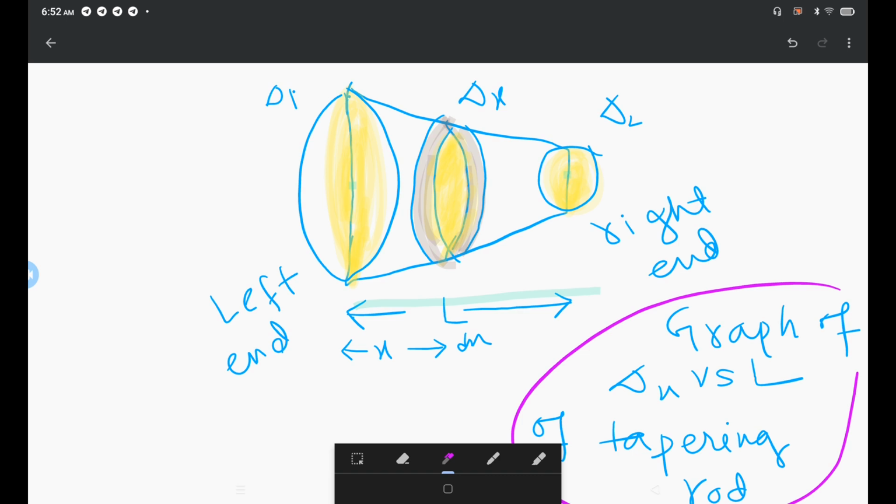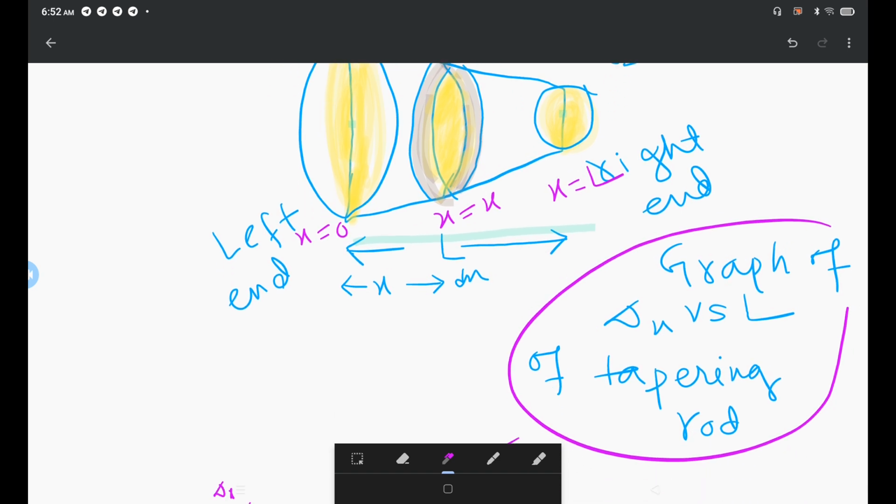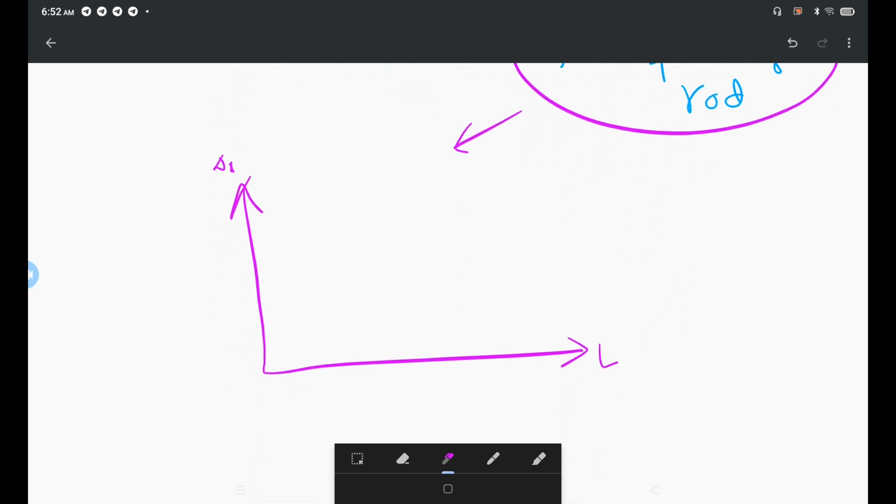From the left end, this is x equals 0, this is x equals x, and this is x equals L. At x equals 0, our diameter is d1.